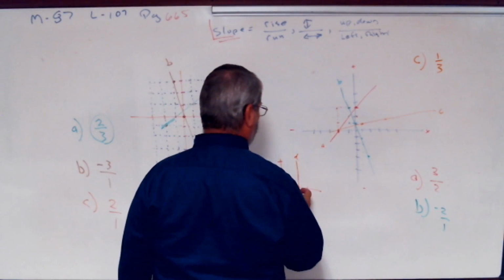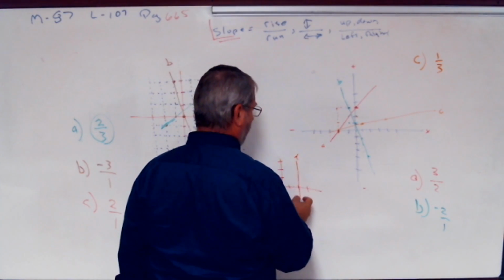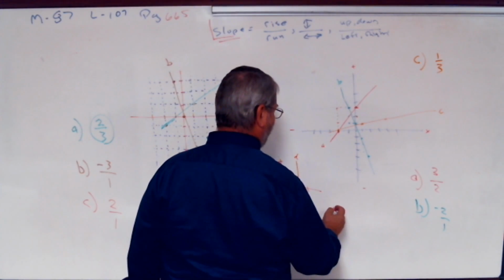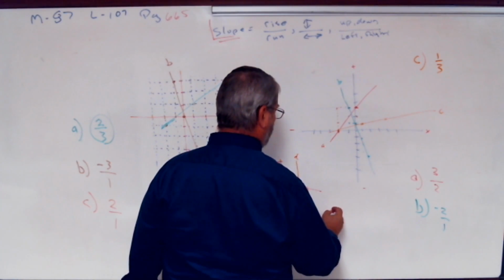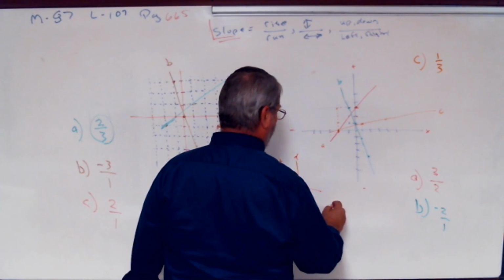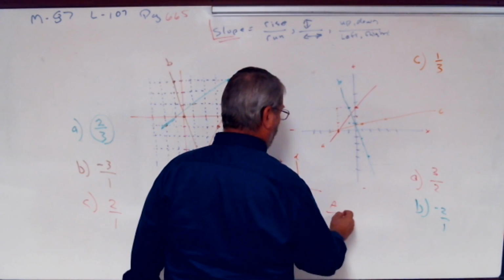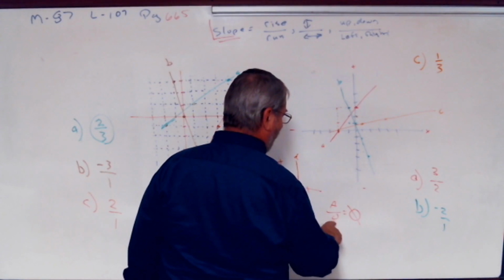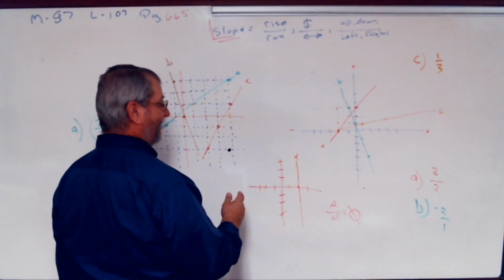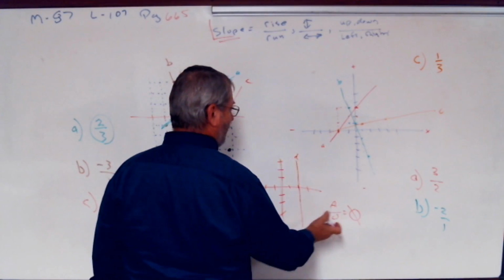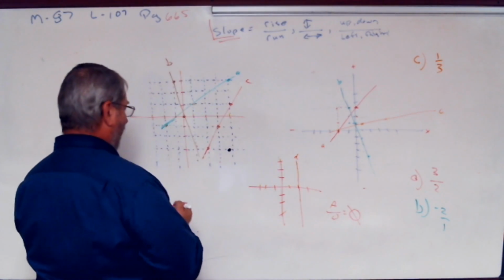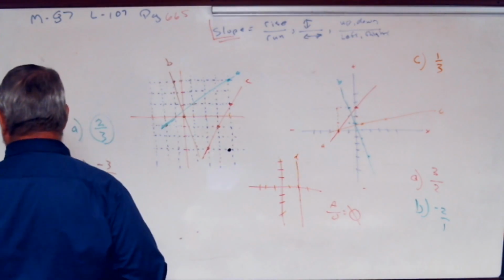So it's up, down, but it's never left, right. So what it's got is something over 0. Up whatever, it's got some number, a, over 0. You cannot have a 0 on the bottom of a fraction. That has no slope. It's undefined. A vertical line does not have a slope at all. The slope isn't 0. It has no slope.